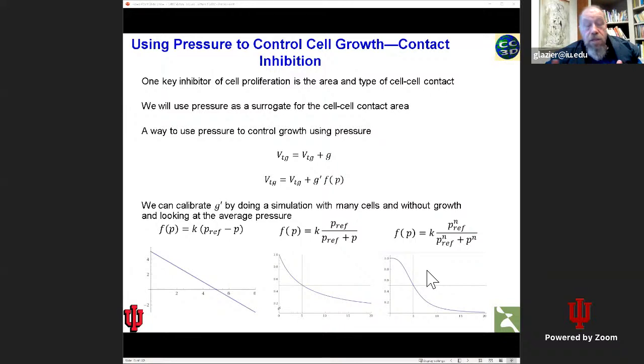That would be a good place to start. In that situation, the cells should behave as if they're not under pressure. And that would be something you could use for Pref. You might make it a little bit bigger, twice as big or half as big, but that would be a place to start in your exploration. That would be the way I would do it, and we can do that together now.